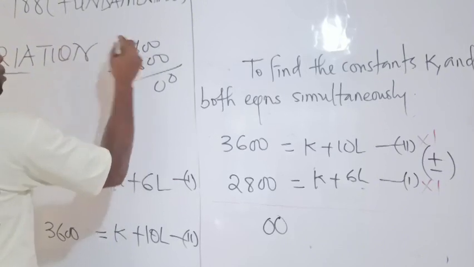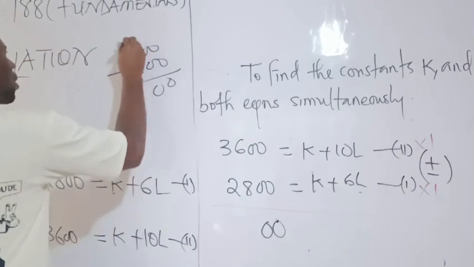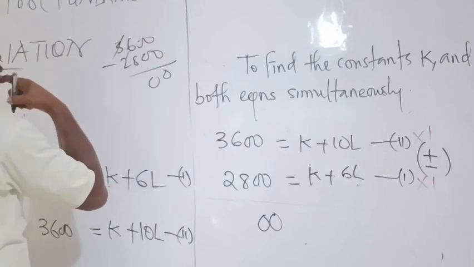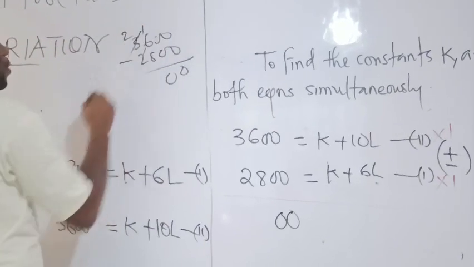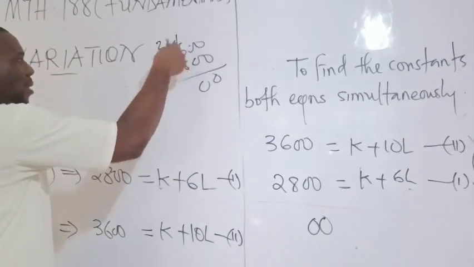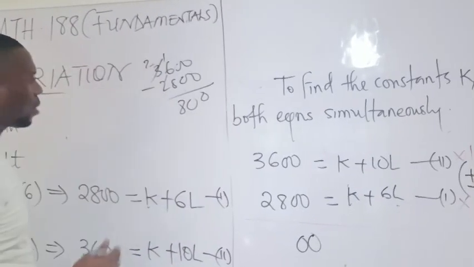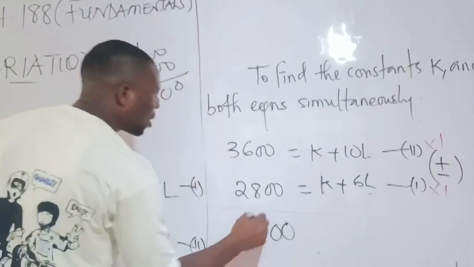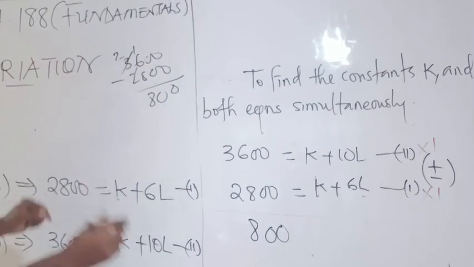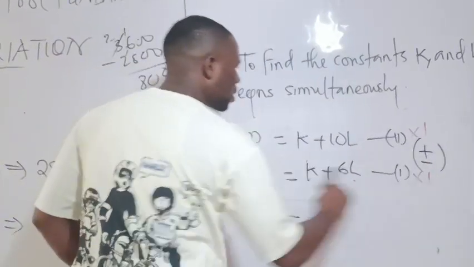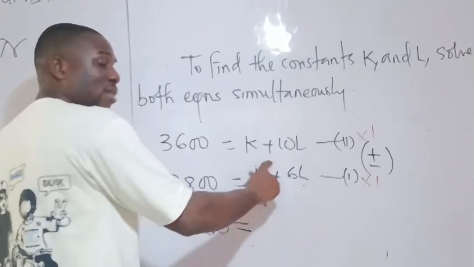Take a 1 here. Oh no, this is 6. I'll take a 1 from 6, I cannot subtract this. I'll take a 1 from 3 to make it 2, and I'm left with the remainder 1, which makes this 16. 16 minus 8 is 8. Then 2 minus 2 is gone. So what I have here is just 800.